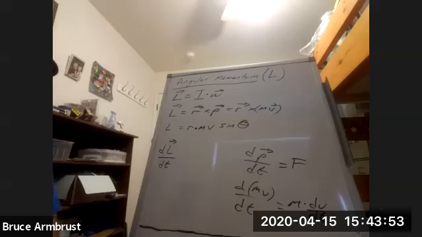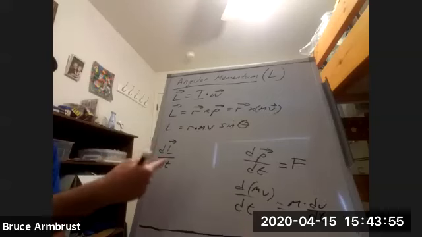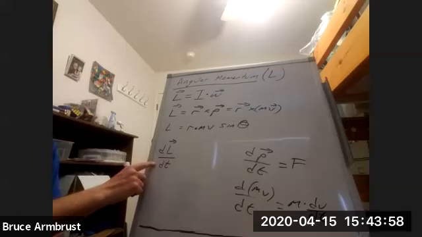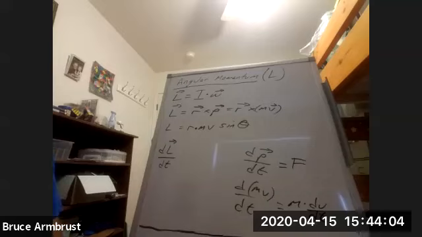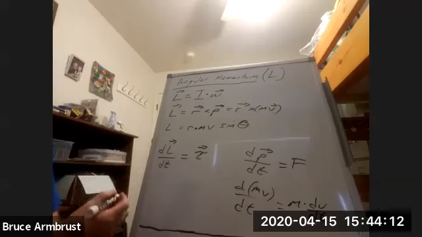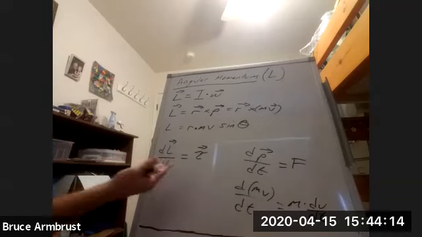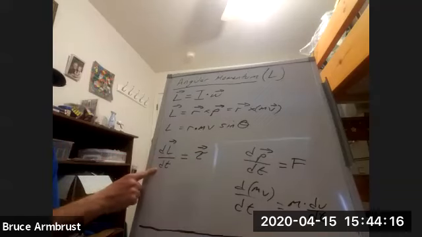So then obviously, what should this equal if we're doing angular quantities? What takes the place of force? Torque. So this is another way of figuring out your torque, by looking at the change in angular momentum.